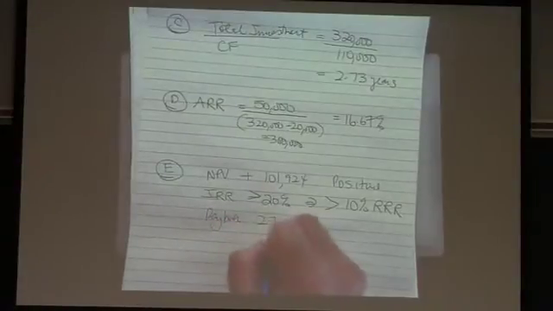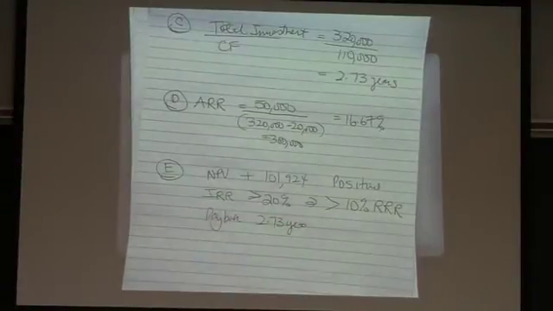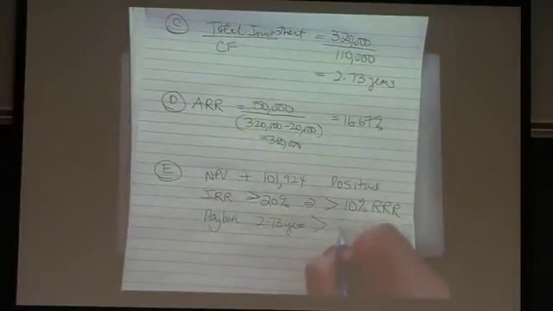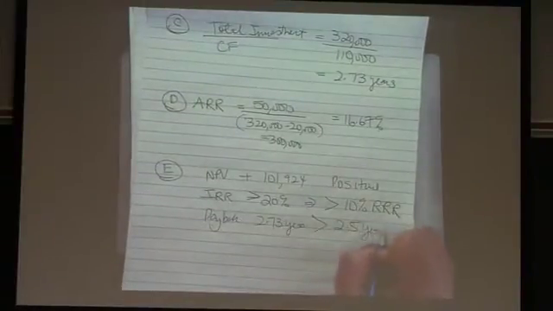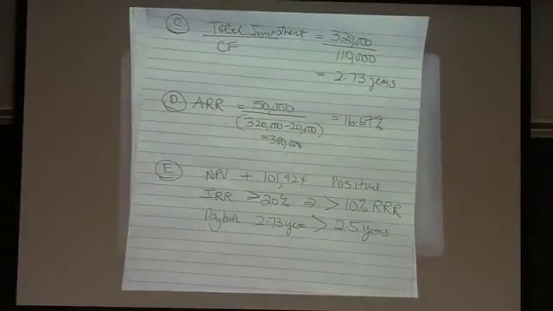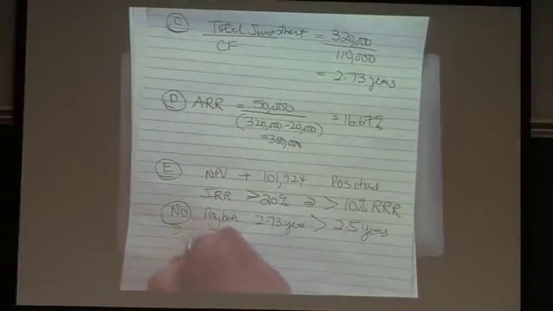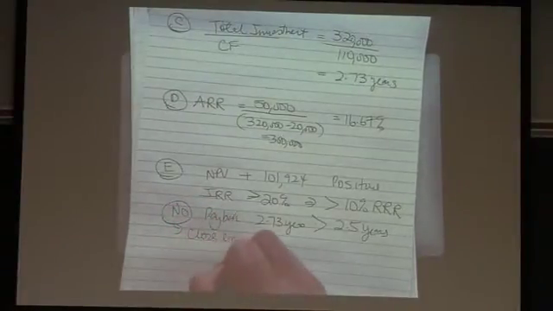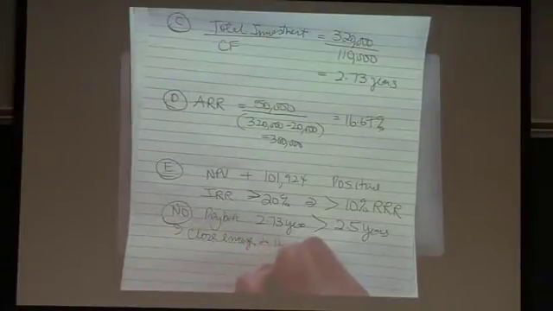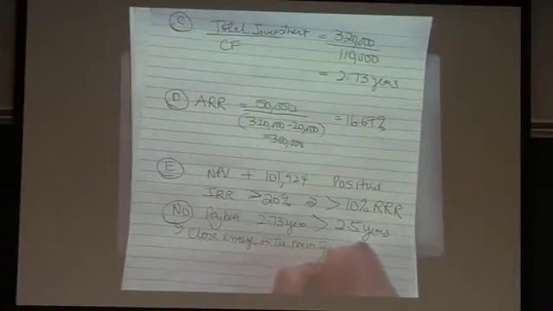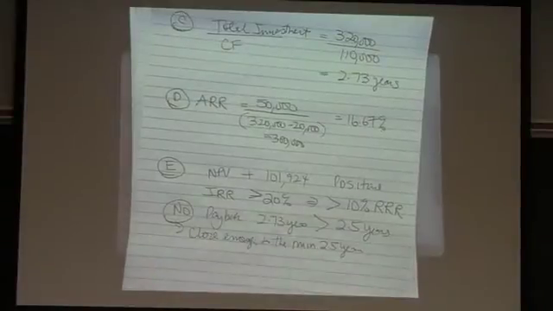is 2.73 years, which is greater than 2.5 years. So this is a no for sure, but it's close enough, isn't it, to the minimum 2.5 years. So it's not a huge no, but it's close enough to the 2.5.